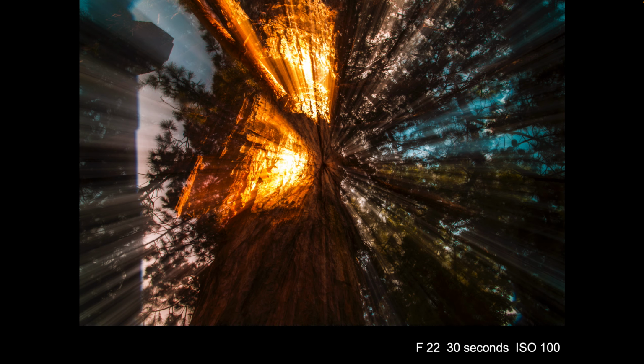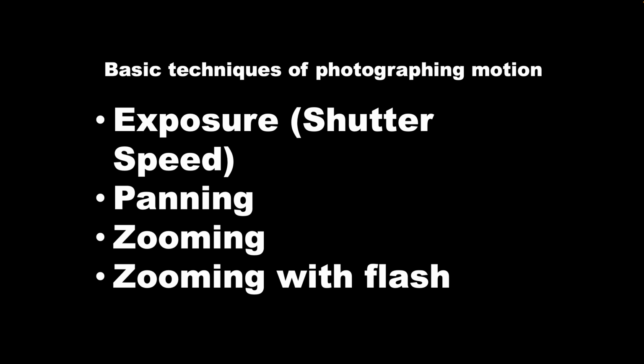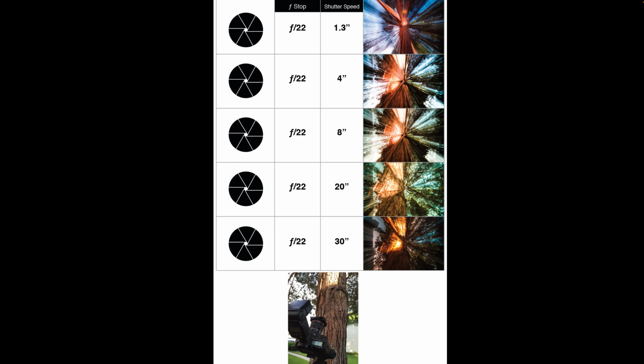Here is a 30-second exposure at f/22 using the flash and zooming in and out at the same time. If we look at examples, f/22 between 1.5 seconds all the way to 30 seconds. And this is a zoom lens. You zoom in and out and flash in and out, and that's what you get.